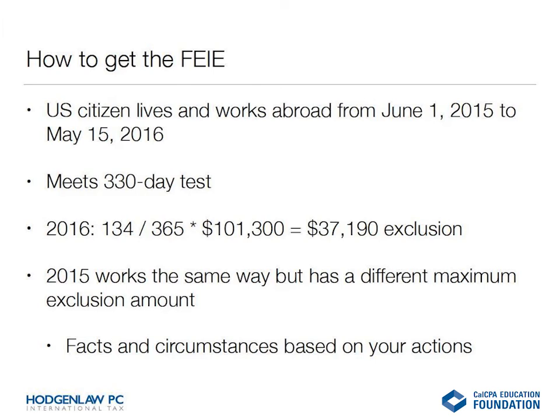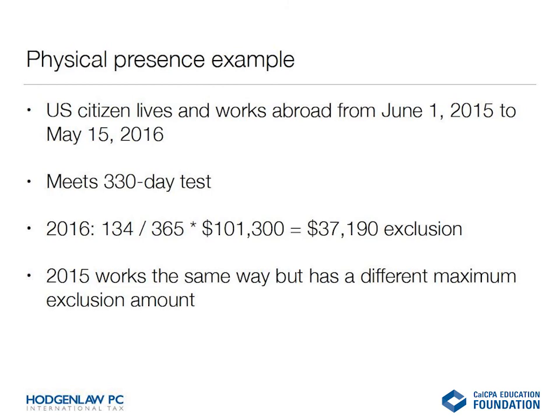They meet the 330-day test because we're going to assume that they haven't been traveling back to the U.S. and they've actually continuously lived outside the U.S. for that period. So in 2016, from January 1st to May 15th, there's 134 days that they spend outside the U.S. So you just form a basic equation, 134 over 365.